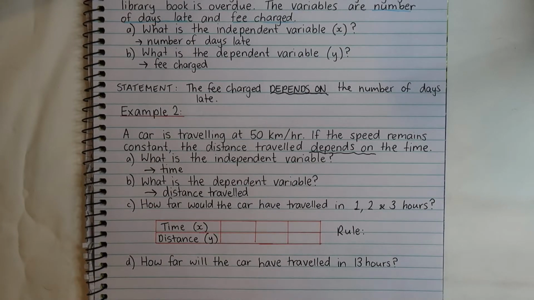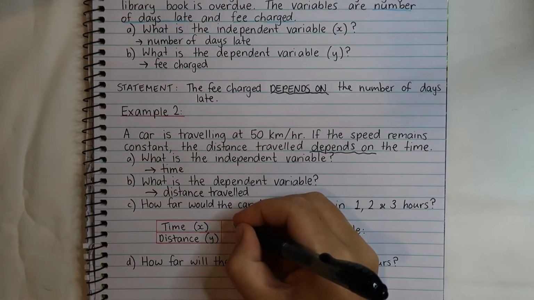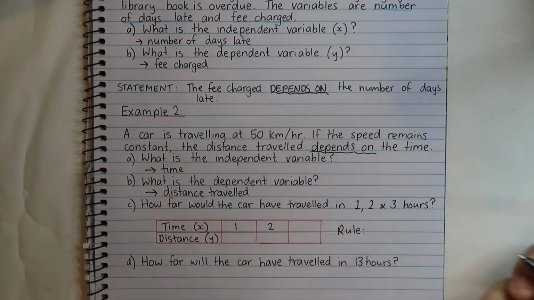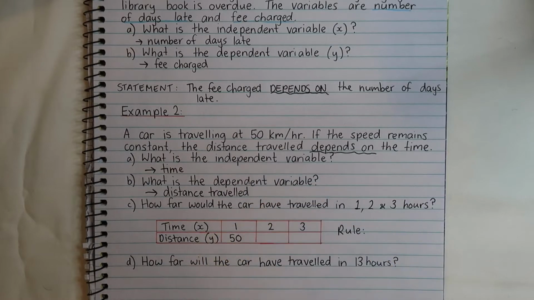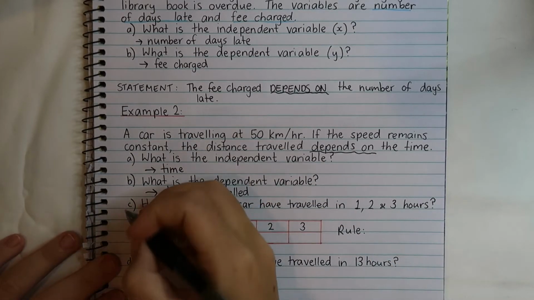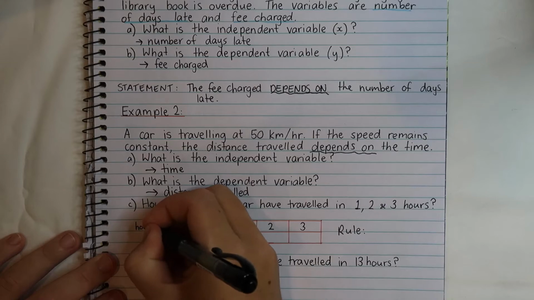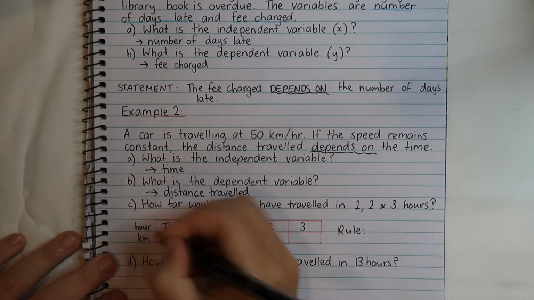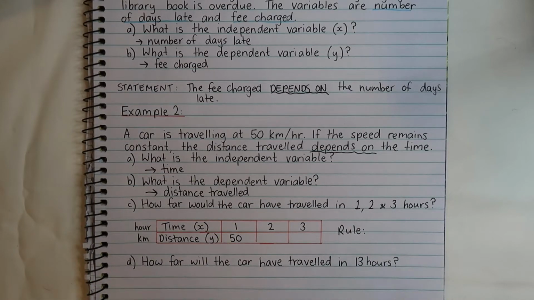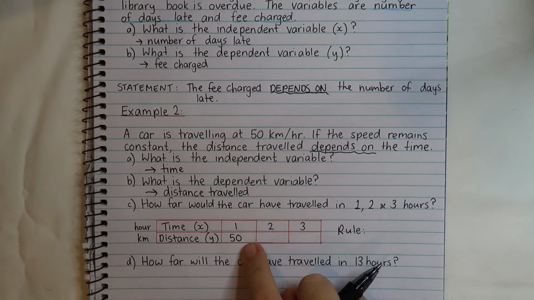Okay, so we want to know how far would the car have traveled in 1 hour, 2 hours, and 3 hours. So if you are traveling at 50 kilometers per hour, that means that you are traveling 50 kilometers in 1 hour. So I'm just going to write my units here as well. So time is going to be in hours and distance is going to be in kilometers. Okay, so for 1 hour, we're doing 50 kilometers.